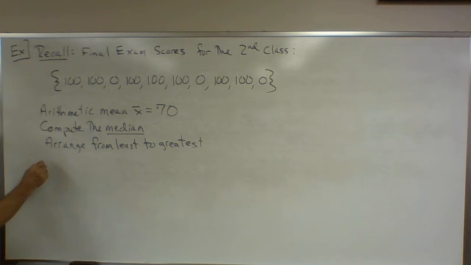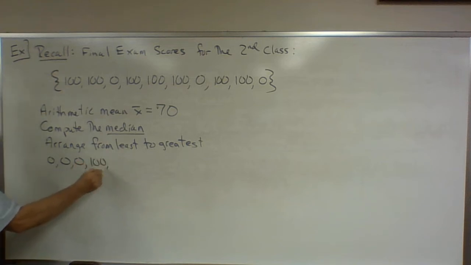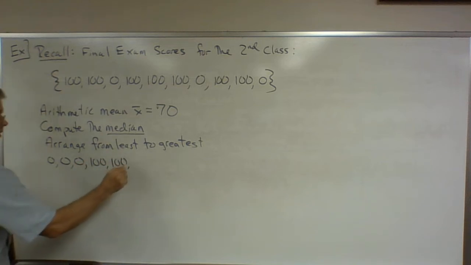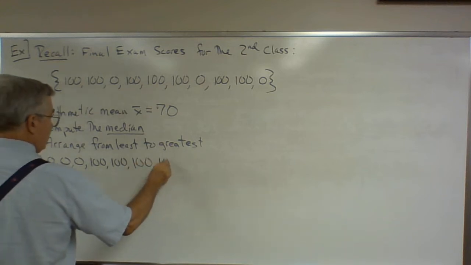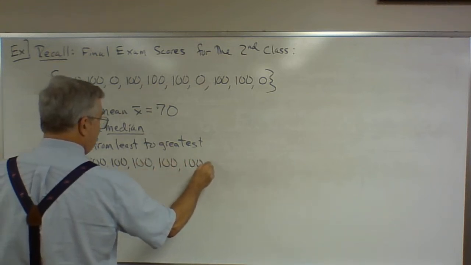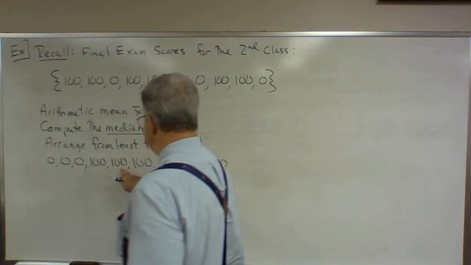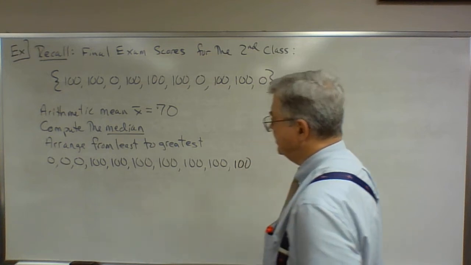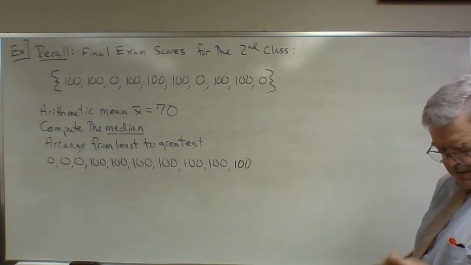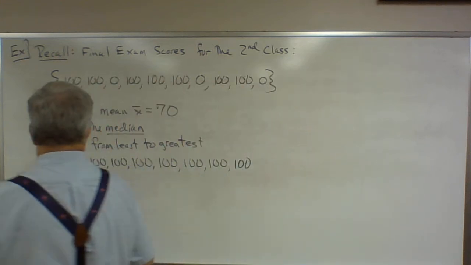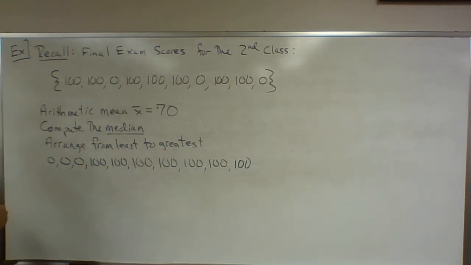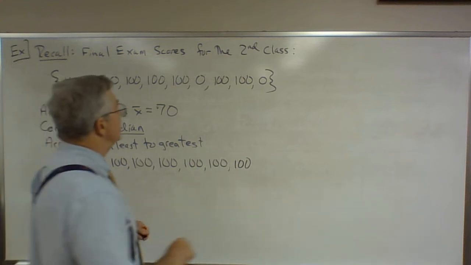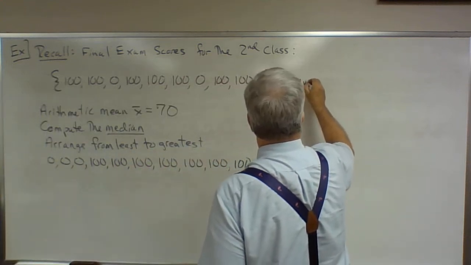We have 3 zeros, 1, 2, 3, and all the rest are 100s. Let's see, 1, 2, 3, 4, 5, 6, 7. We have 10. We have an even number.